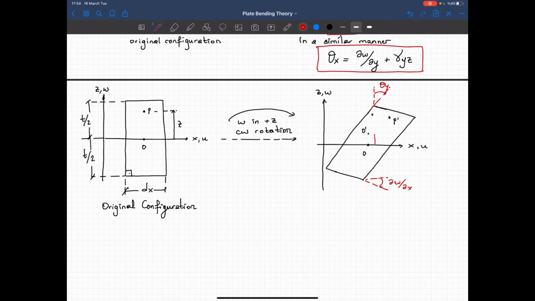This displacement is W, but we are interested in this displacement. And that one again I can write U is equal to Z times theta Y. And from this figure I can just write the following: U is equal to Z times rotation Y, and V is equal to minus Z times rotation X.